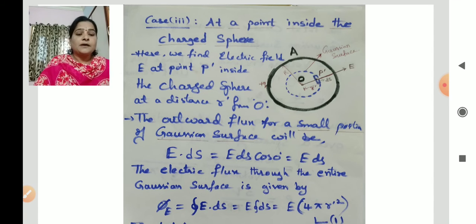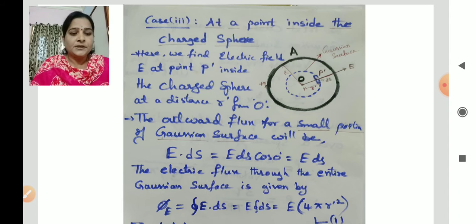Our aim is to find out the value of electric field intensity at point P prime, which is at a distance of r prime from the center of the sphere. Now the Gaussian surface here is inside. The total outward flux for this small portion ds of the Gaussian surface is E dot ds.